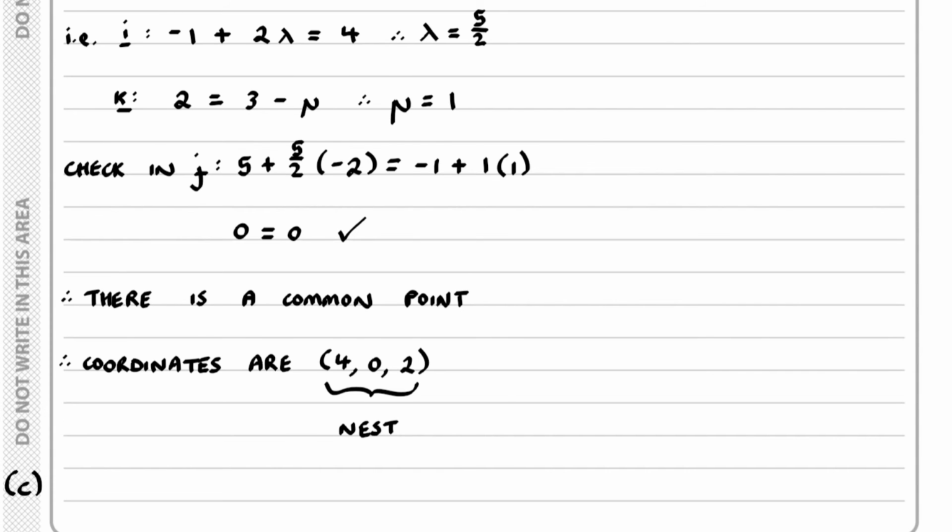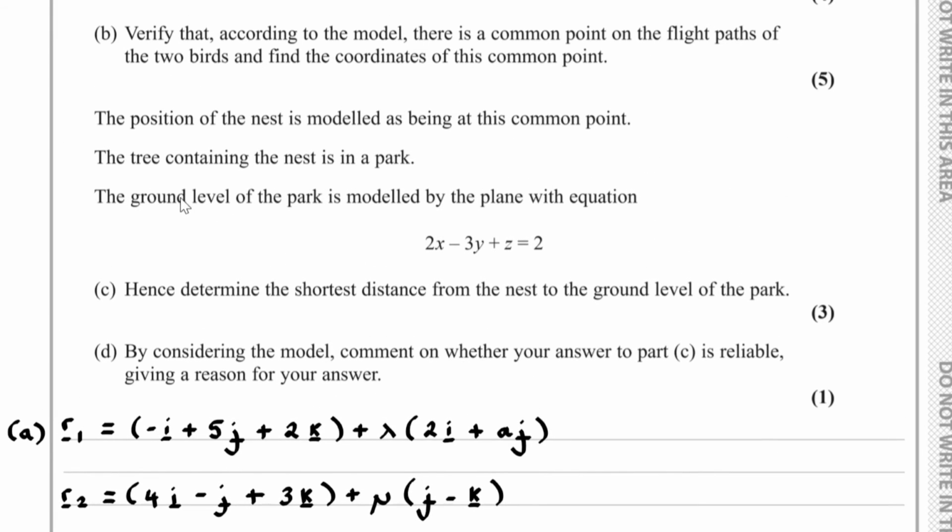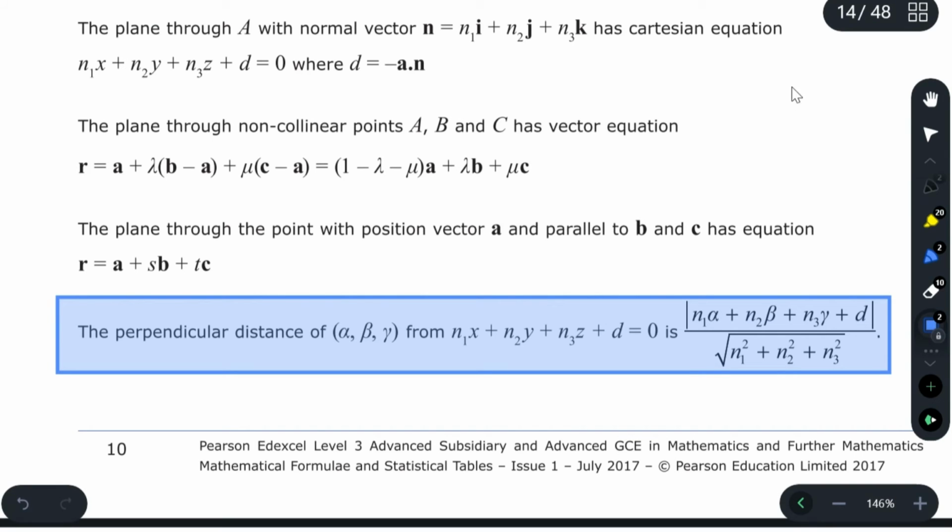And what we have to do is, well, we've got this tree containing the nest in a park, and the ground level of the park is modelled by the plane with equation 2x minus 3y plus z equals 2, and we have to determine the shortest distance from the nest to the ground level of the park. Now, the shortest distance from some point alpha, beta, gamma from a plane n1x plus n2y plus n3z plus d equals 0 is given by this formula here.